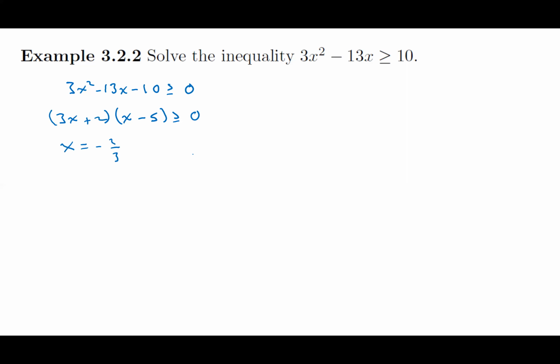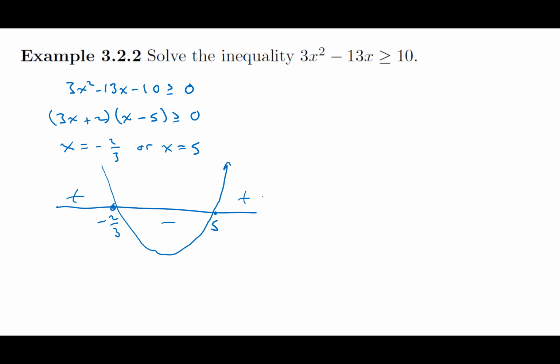Well, again, I know this opens up. So if this is negative 2/3, and over here somewhere is 5, my parabola opens up, so I know that we've got positive, negative, positive. And I'm looking for where this is greater than or equal to 0.